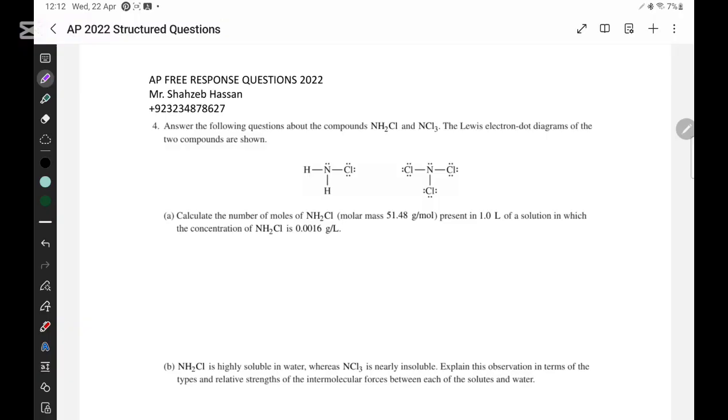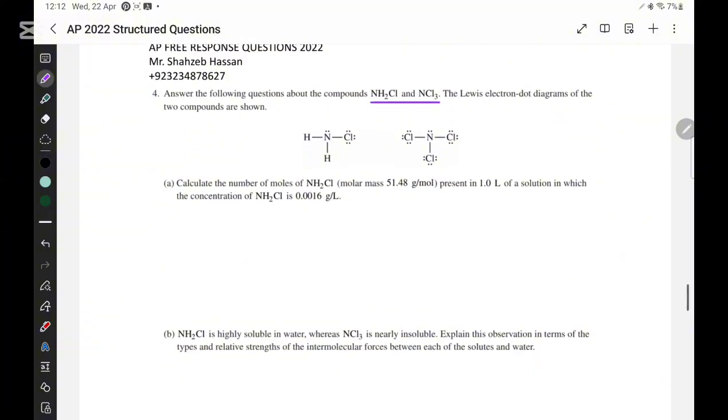So answer the following question about the compounds NH2Cl and NCl3. The Lewis electron dot diagram of the two compounds are shown. Calculate the number of moles of NH2Cl, molar mass is 51.48 gram per mole, present in 1.0 liter of solution in which the concentration of NH2Cl is this. So you are given the concentration and also the molar mass.